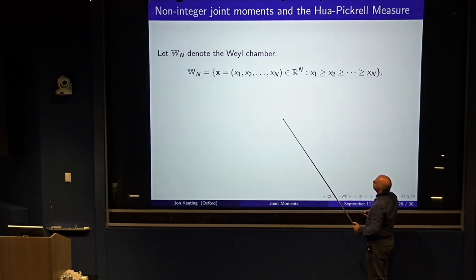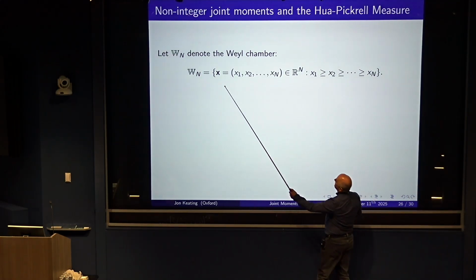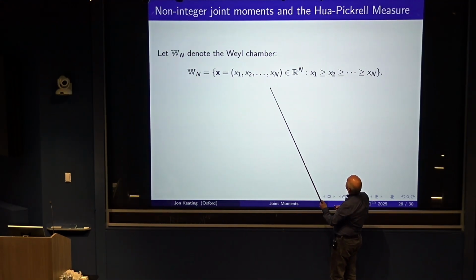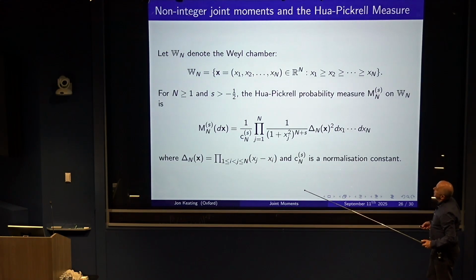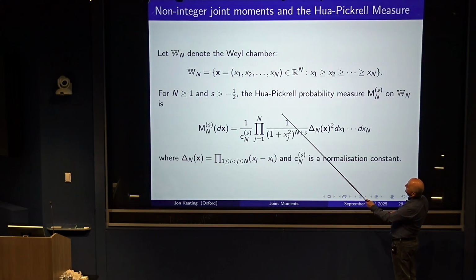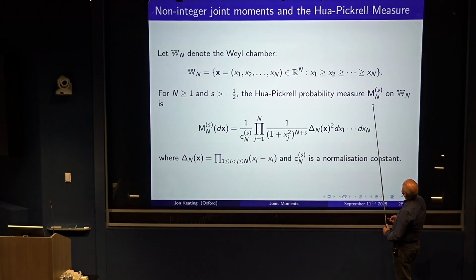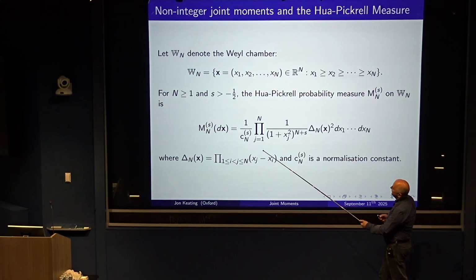Here, this seems to be more difficult. So let Wn be the Weyl chamber, the set of points which are ordered in this way. And we'll define a probability measure, which is sometimes called the Hua-Pickrell measure. It's a measure Mn on the Weyl chamber, and it's defined in the following way.